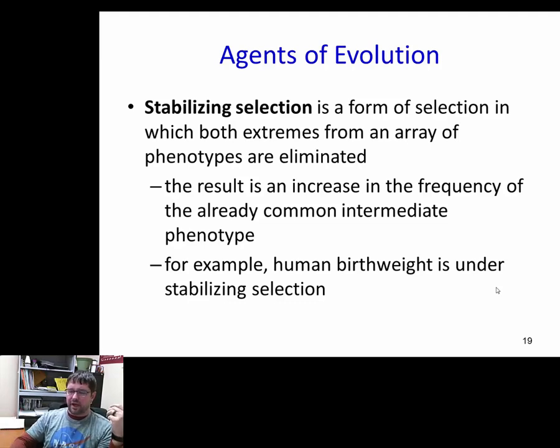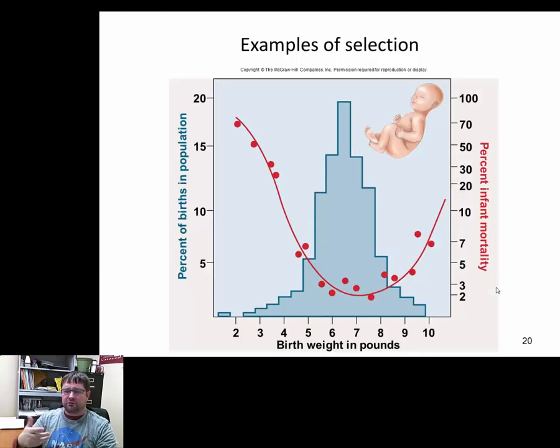If you think about the average birth weight of a human, it sits at about 7.5 pounds, or 7 pounds is the average weight of a human. And this is pretty much stabilizing selection.